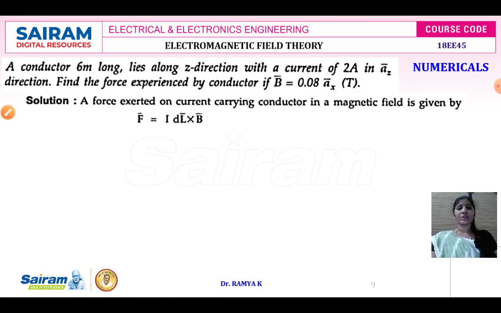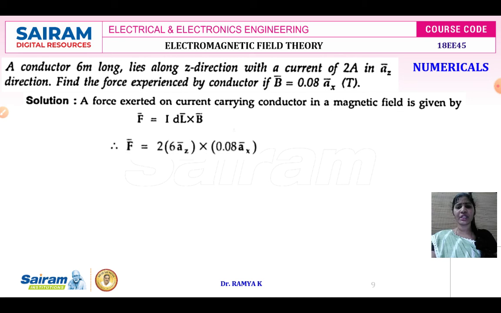Now we can solve the problem. We know that the force exerted on a current carrying differential current element is going to be F is equal to I into dl cross product with B. The value of I is 2 amps, dl is equal to 6 meter into AZ direction, and the value of B is 0.08 Tesla.